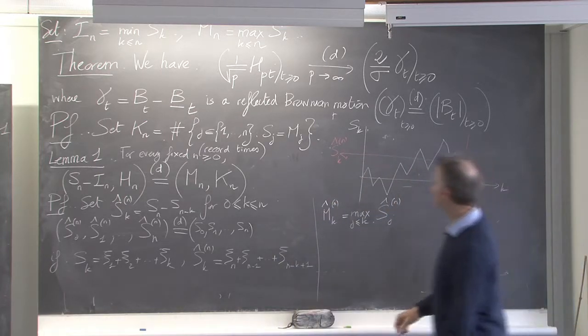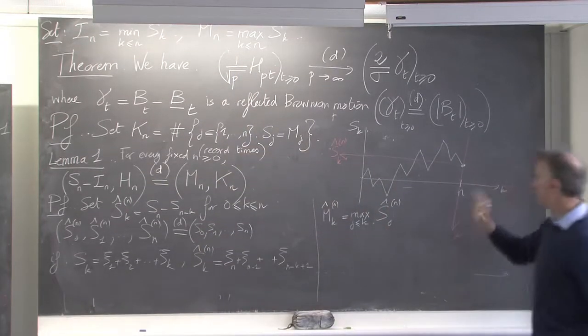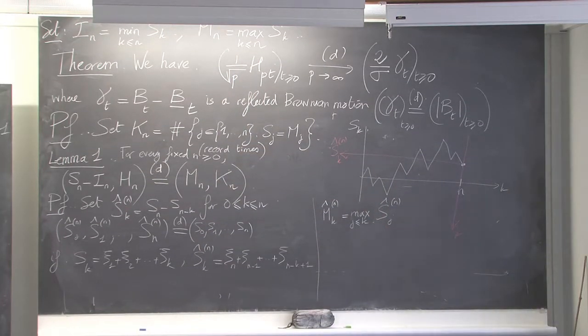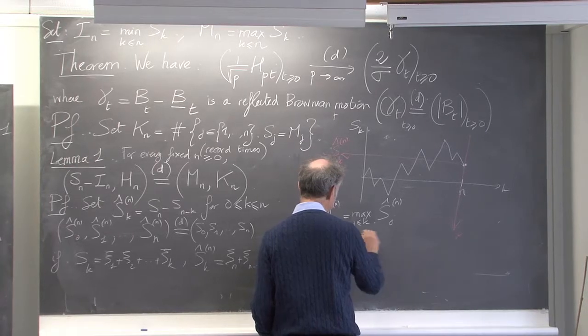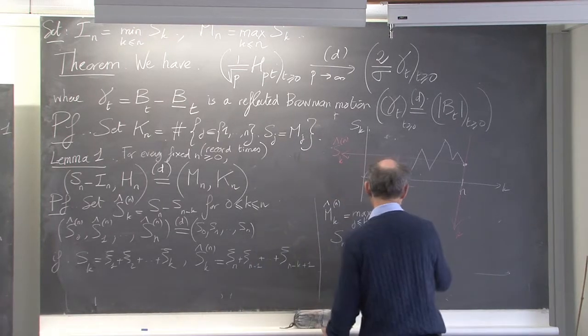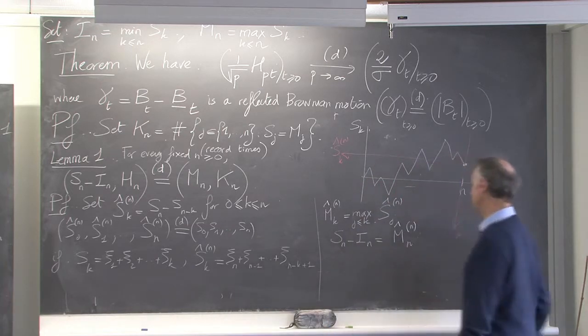Okay, so it's the same notation as here, of course, except that I replace capital S by S hat n. Okay? And the first observation is that if I look at Sn minus In, this is in fact the same thing as m hat n at time n. Okay?